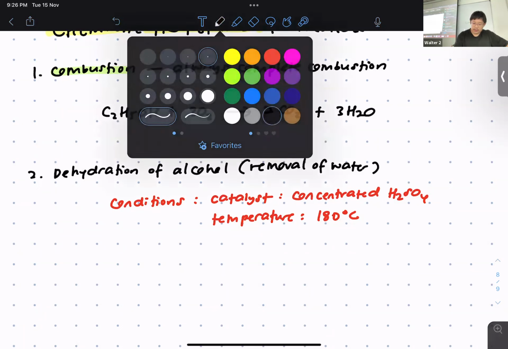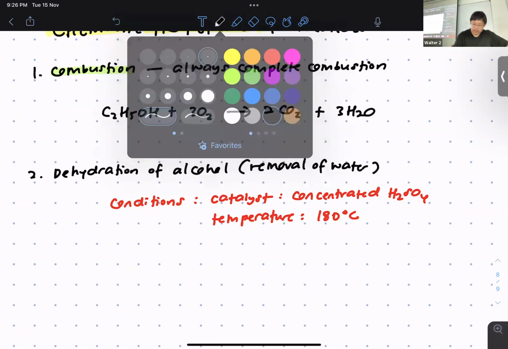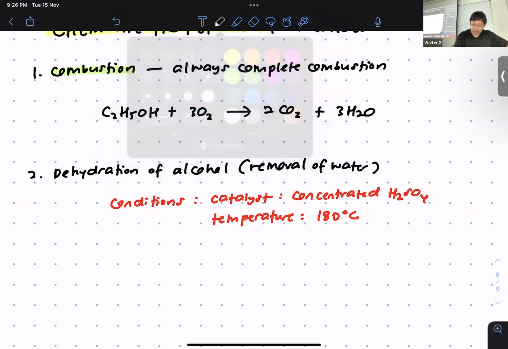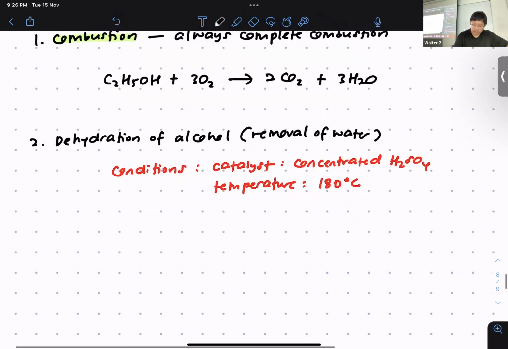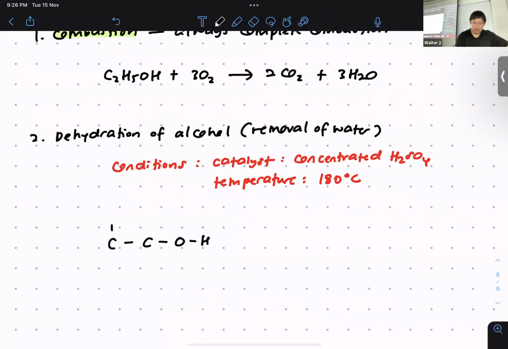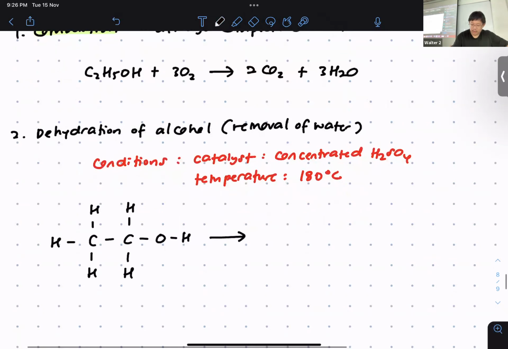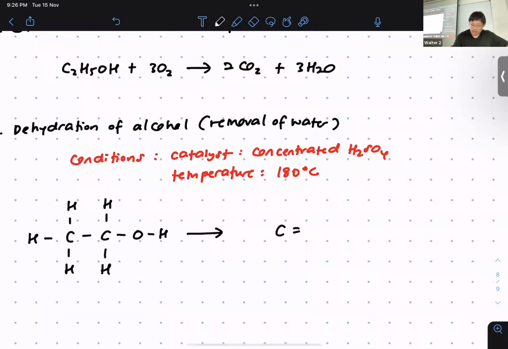So how does it work? Let's take a look. So imagine right now you have ethanol. Dehydrated with the given conditions, and you'll be able to get ethene and water.